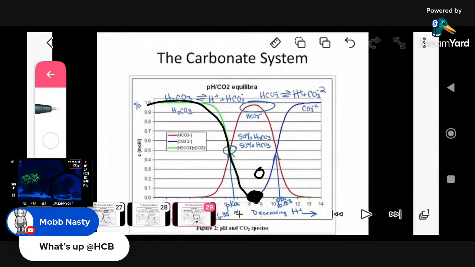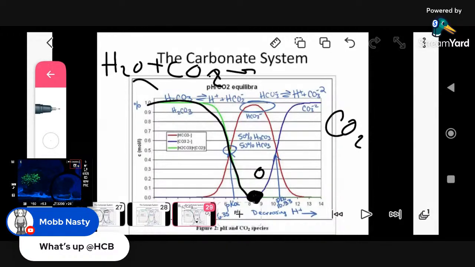Carbonic acid, imagine in the form of CO2. That's the best way I could think of. This equation is not complete. This equation is actually H2O plus CO2 produces this right here.